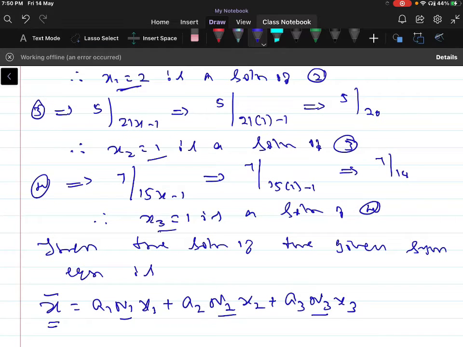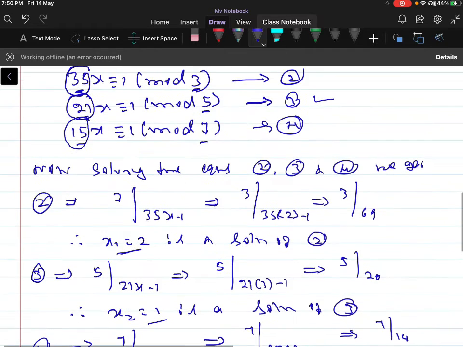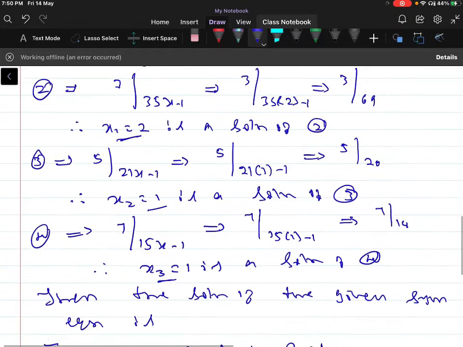So these are the solutions of the simultaneous equations 2, 3, 4 respectively.